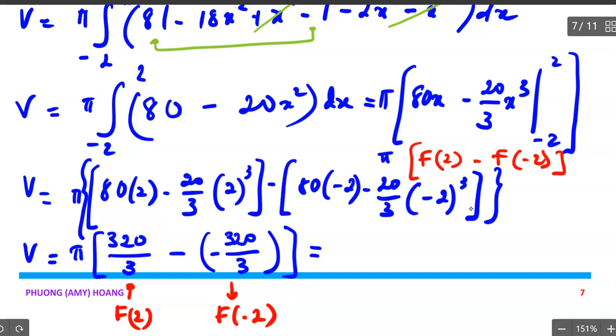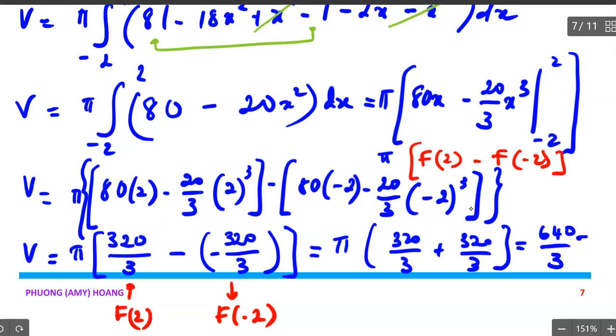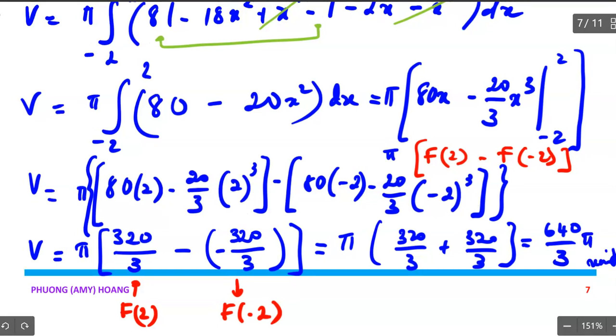Then in the end I have pi times 320 over 3 plus 320 over 3. So in this case, the answer should be 640 over 3 pi units cubed.